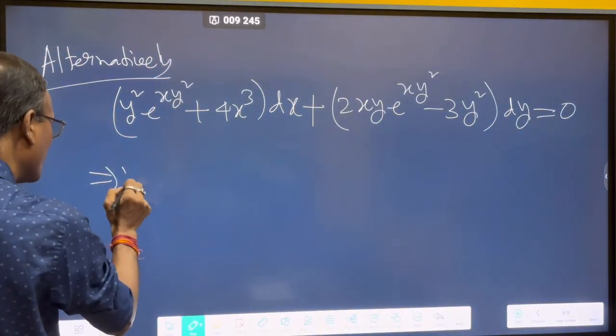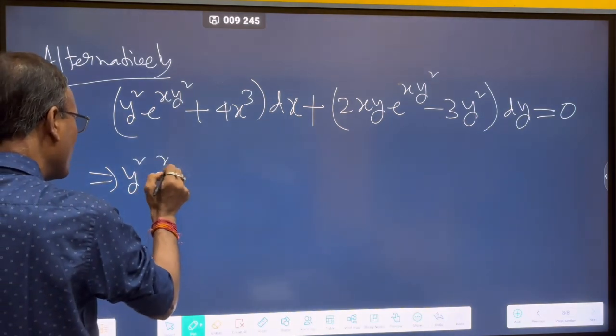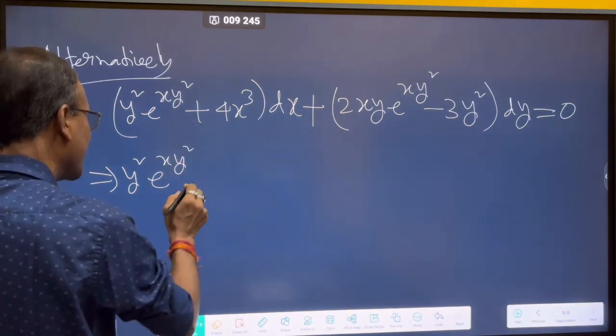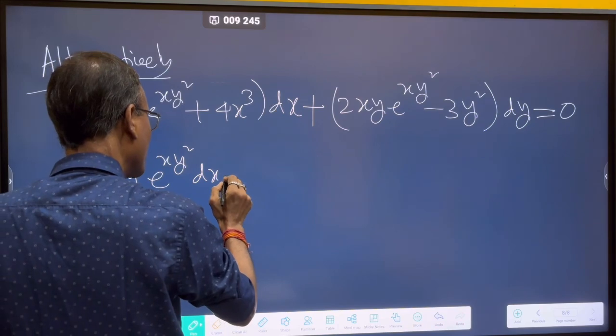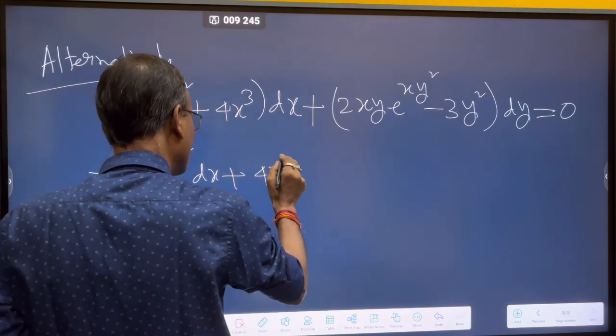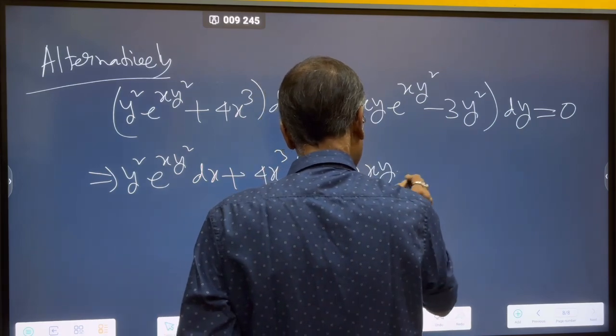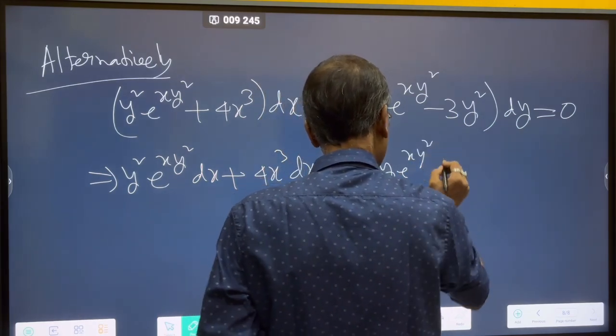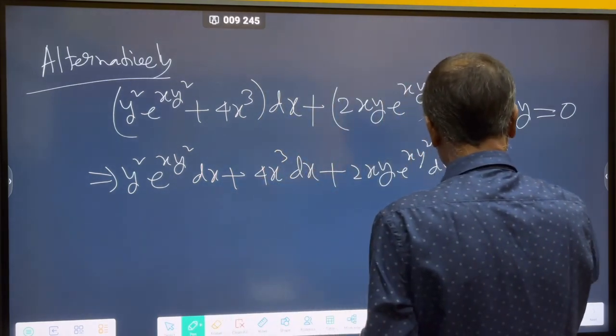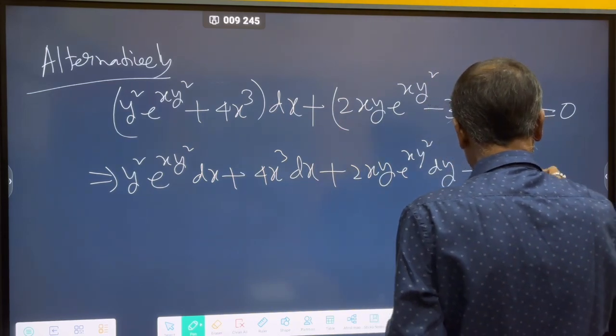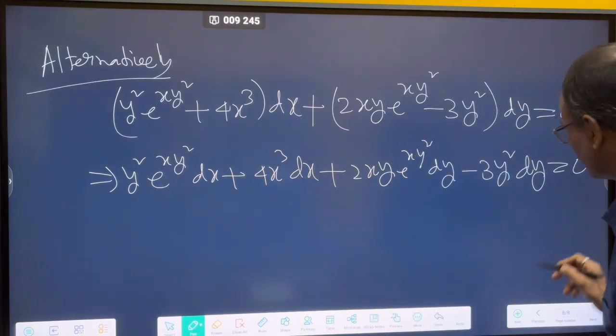Or you may write y square e to the power x y square dx plus 4x cube dx plus twice xy e to the power x y square dy minus thrice y square dy equal to 0.